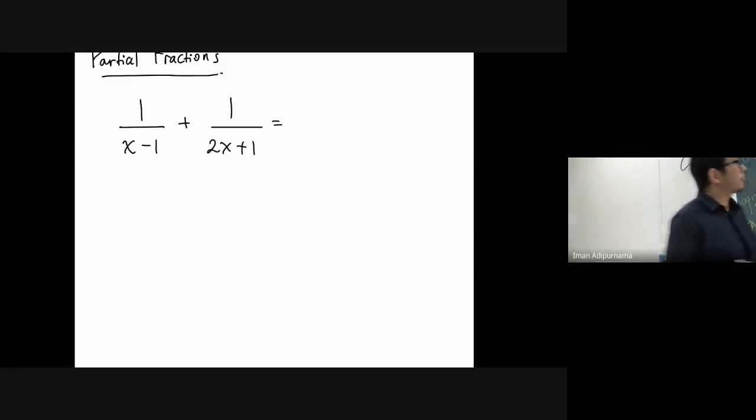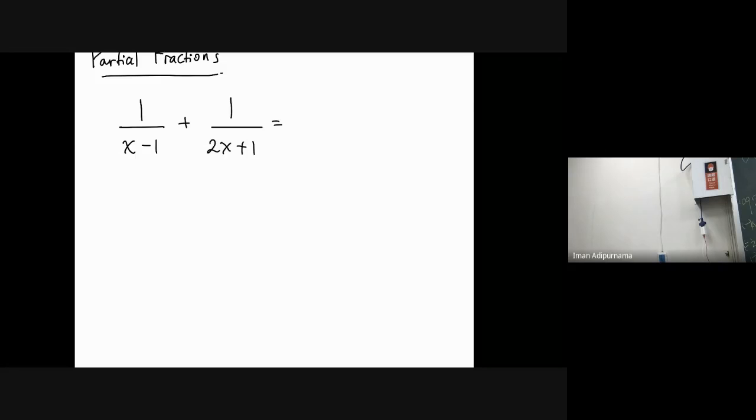Okay. Now let us see these fractions. I believe this is really basic. If you want to plus these two, what will you do first? What will you do first? Multiply the denominator.